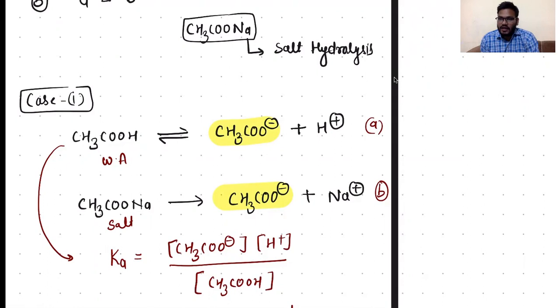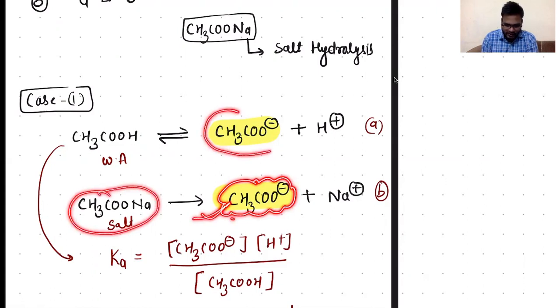The common ion coming from the weak electrolyte can be neglected. Okay, so basically the common ion will be coming from both the weak electrolyte as well as the strong electrolyte, but in the presence of the strong electrolyte, the common ion effect will be operating on the weak electrolyte, so it will give a lesser amount of common ion which can be ignored. That is why we can clearly say the common ion, that is acetate ion, is solely coming from the salt. We can ignore the acetate ion coming from the weak acid, right?